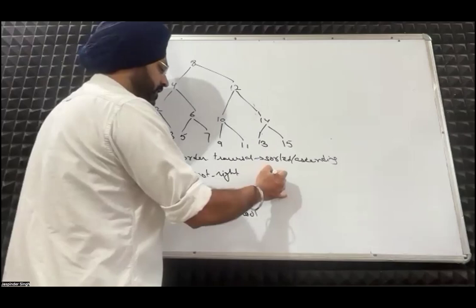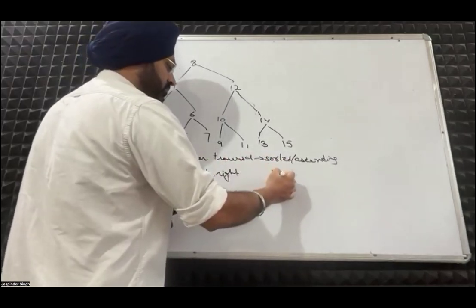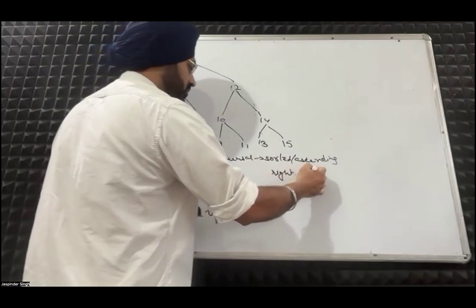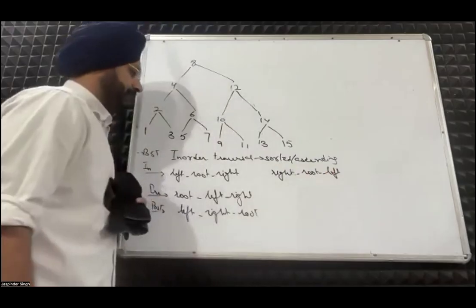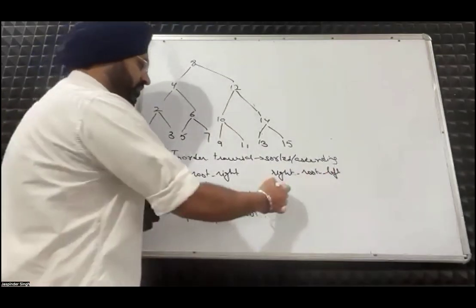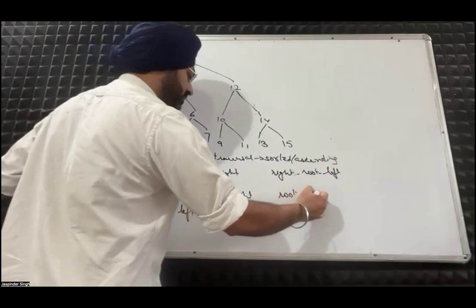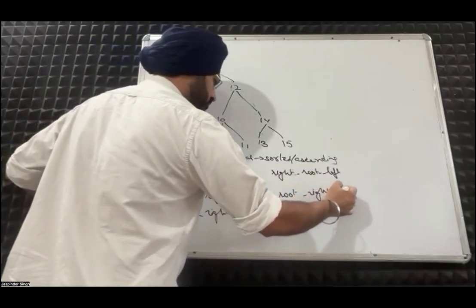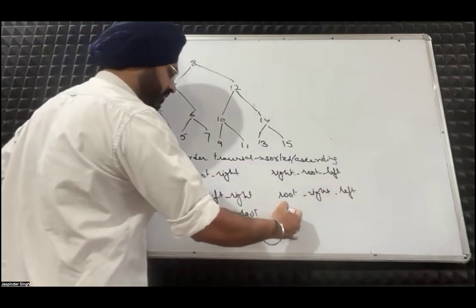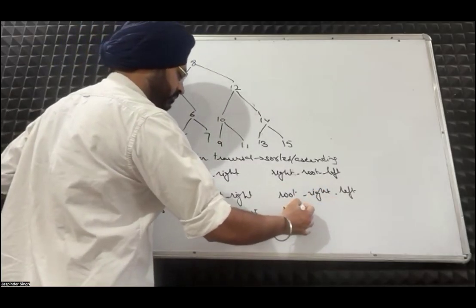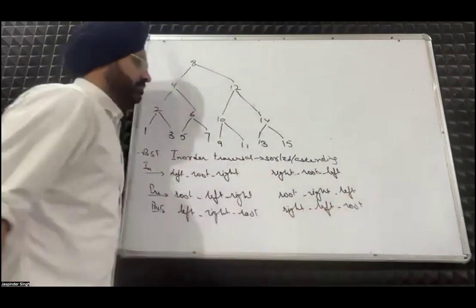Right, root, left is also an in-order traversal only. Root, right, left is also a pre-order traversal. Right, left, and root is also a post-order traversal only.